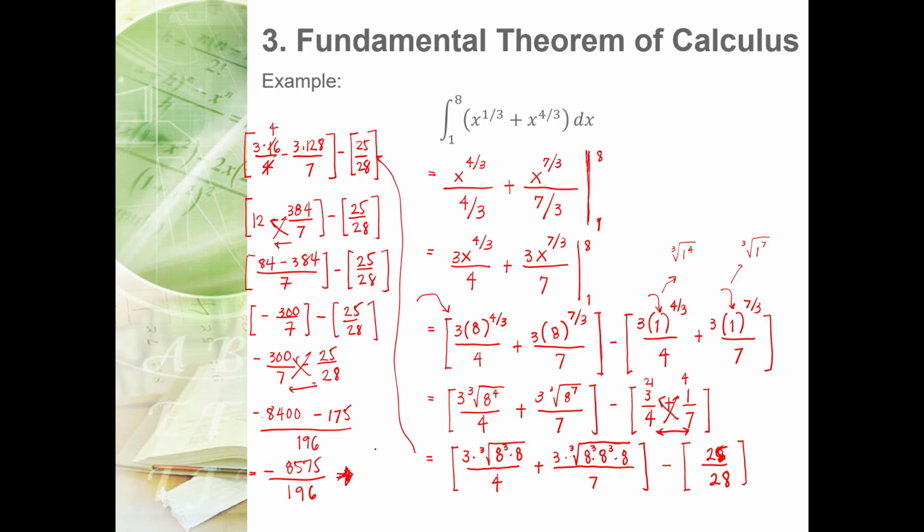The answer for this one is negative 175 all over 4. I think this one was divisible by 7, so this is the final answer.